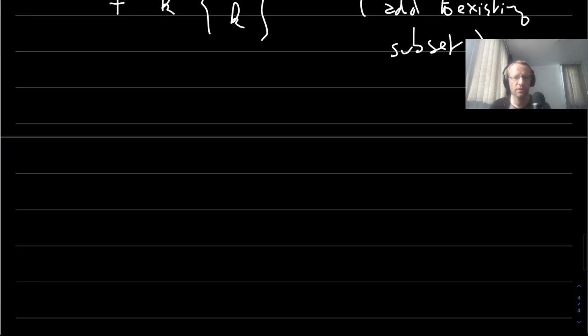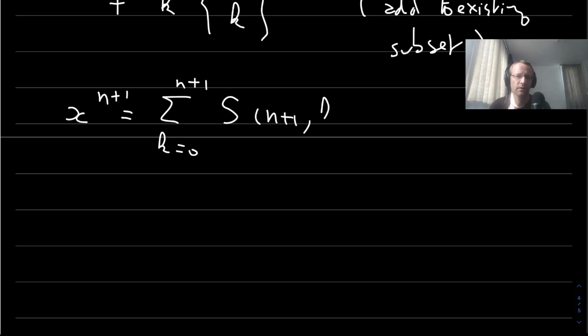We want to now show this using the definition. So what do we have? We have x^(n+1) as the sum over k of S2(n+1,k) times x falling factorial k. So this is, of course, nothing but x^n times x.